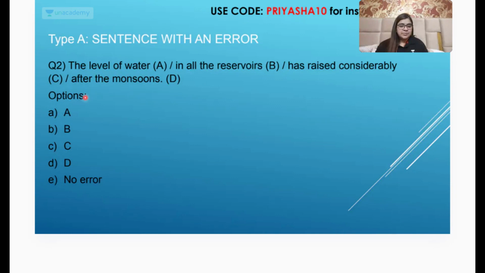What is your subject here? The subject is the level of water or the reservoirs? What has raised? Have the reservoirs raised, or has the level of water raised? If the level of water is your subject, then "has" does not have a problem in it. Remember this. Ratul comes up with E, so Ratul finds it completely correct.